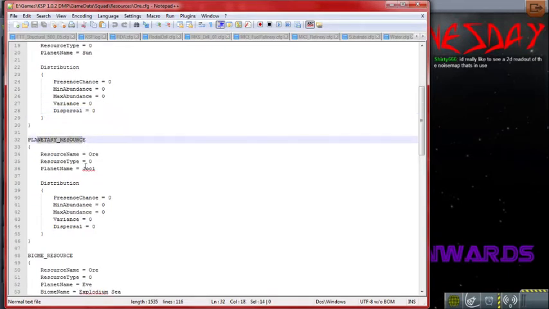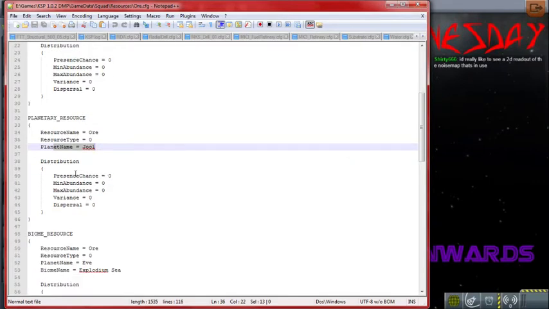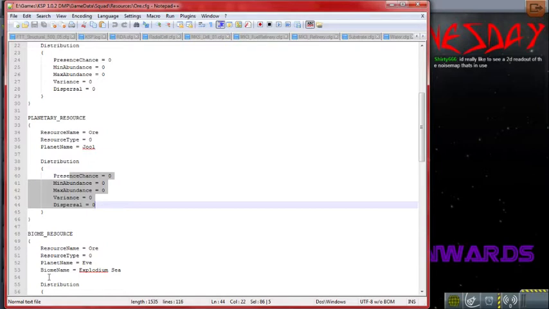Another planetary resource definition for Jewel. Again, it's not putting anything there. And again, if it was me, I would pack it up to the hilt, just because I have a warped and twisted sense of humour.